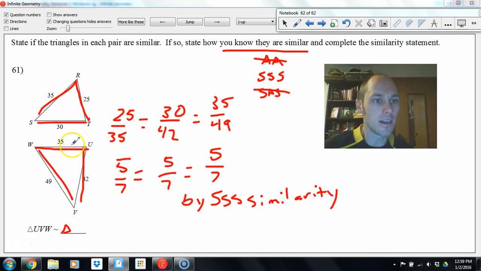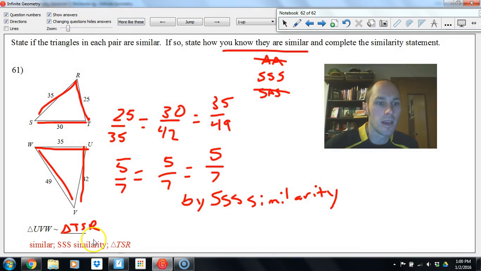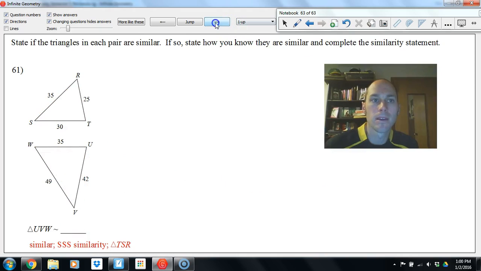So the middle side here is ST, so TS. Since U started on the side with the shorter side, T starts from the shorter side, so TS, and that would leave R. Let's double check to see if that makes sense. SR and VW are the longest sides, so that should be correct. And looks like it matches up there.